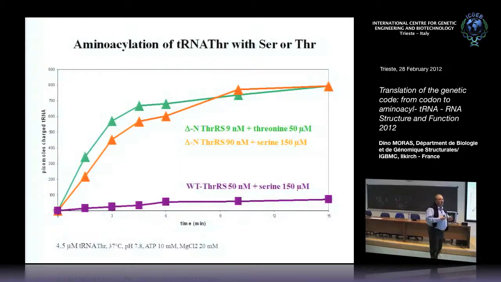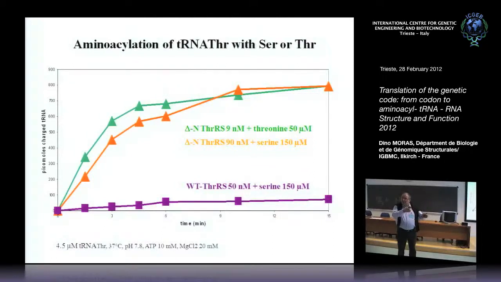So when you have these types of pictures, if that module is important, that's where things occur. What you do is make a functional test. You remove the N-terminal part, which is that domain.